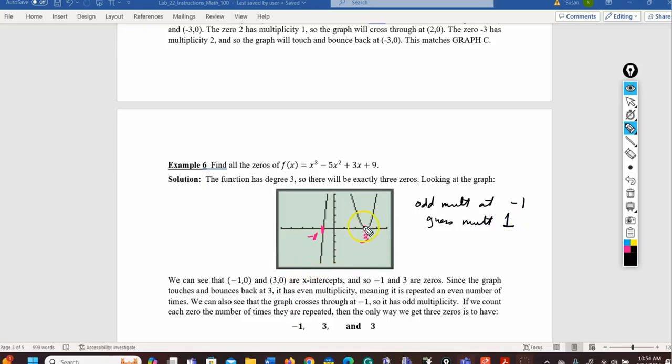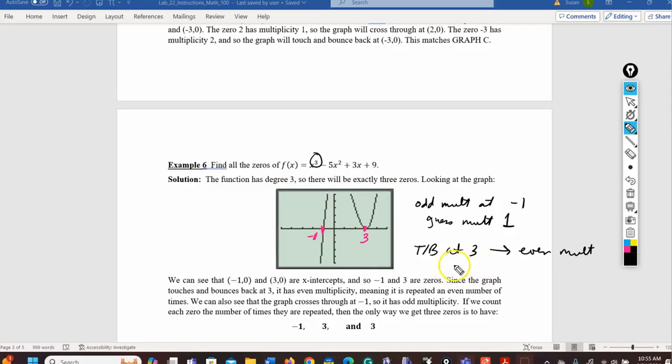Now look at 3. It touches and bounces back at 3, and so that means it has even multiplicity. That means it's repeated an even number of times. So it's repeated twice, or 4 times, or 6 times, or 8 times, etc. But we're only going to have 3 zeros, if you count the zeros the number of times they're repeated.